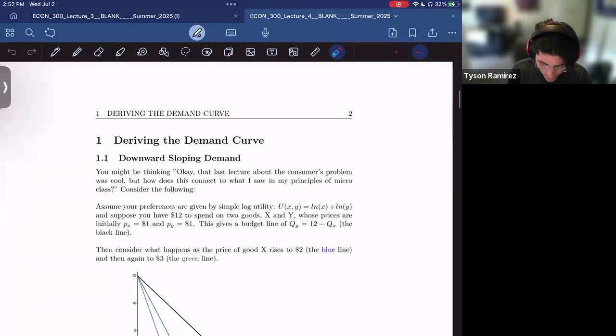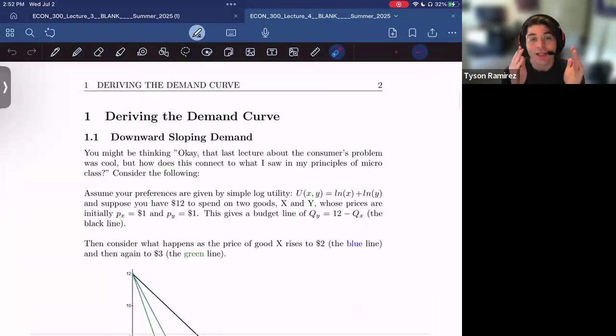As I said, in the last lecture, lecture 3, we saw the consumer's problem, the theory of the consumer, and how the consumer solves this utility maximization problem. This is a fundamental problem in our economic models.